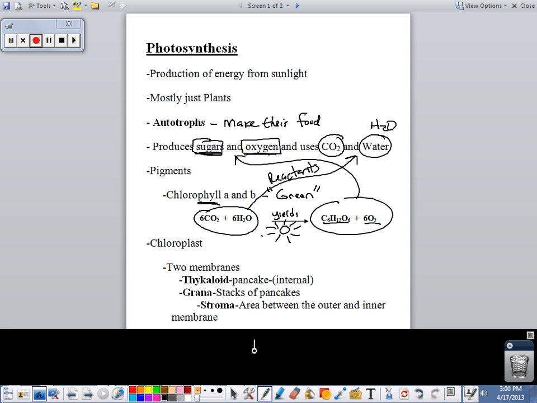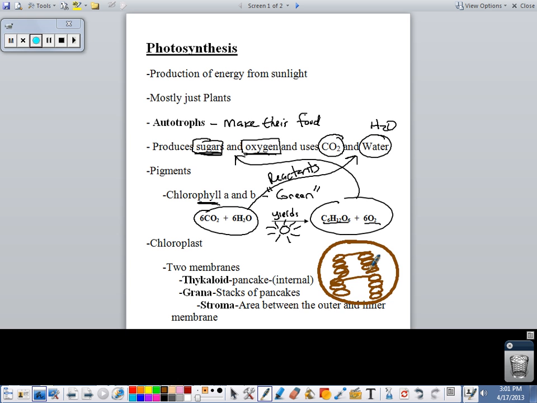If we look at this, I'm going to draw a quick, small picture. Here's your inner and outer membrane. And then within that, we have little pancakes. They're all connected in some way to each other.